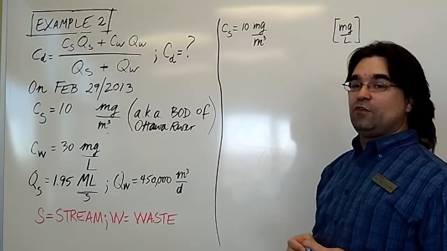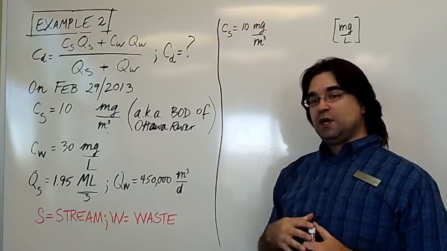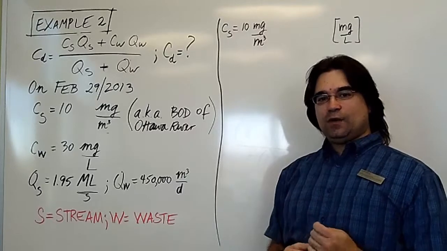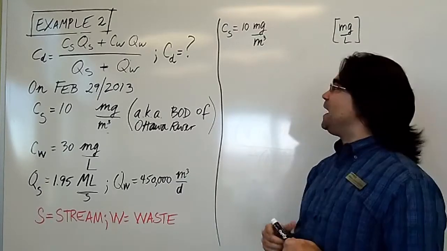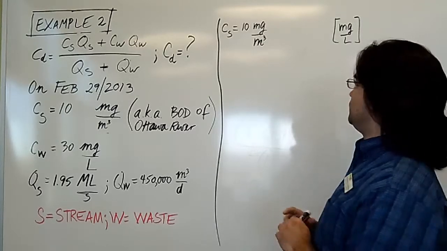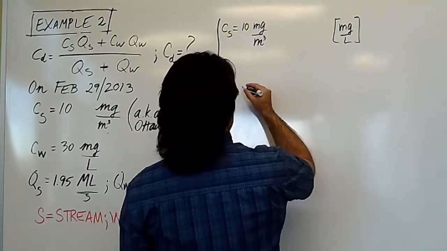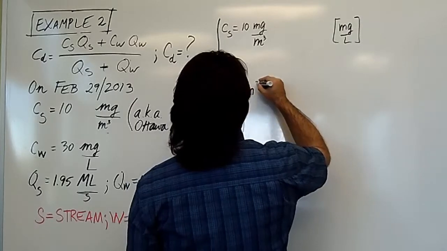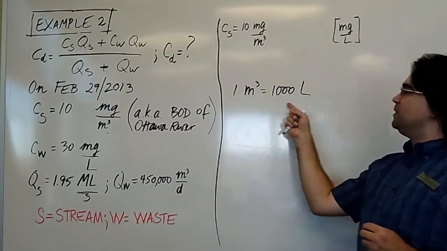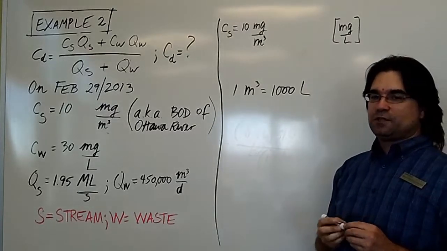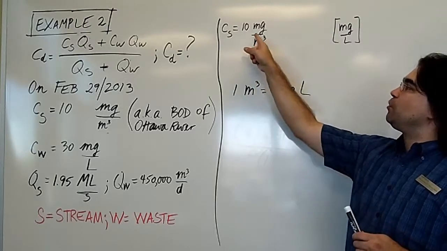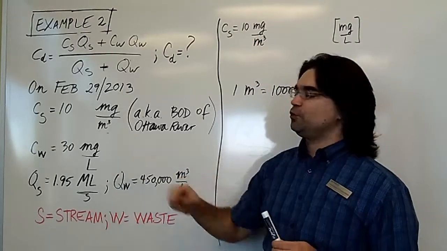So I remind myself by either going through my old notes, reviewing the appropriate textbook, asking my most preferred wireless technology or a friend, how do I convert cubic meters to liter? Well, it turns out that 1 cubic meter is equal to 1,000 liters. So I'm going to employ this conversion to transform these units into my preferred units.